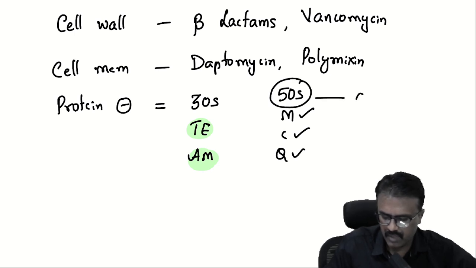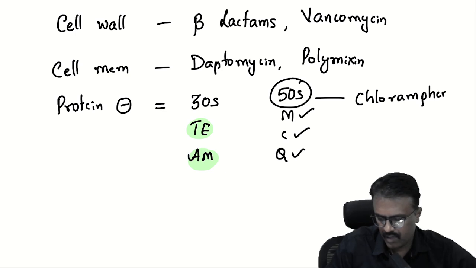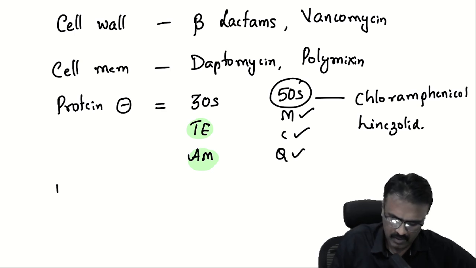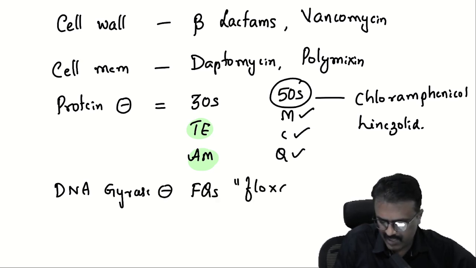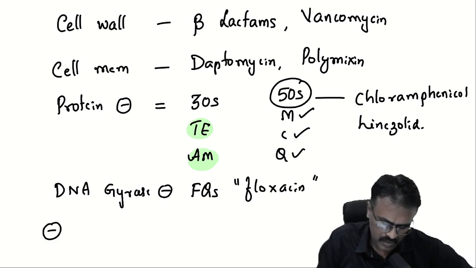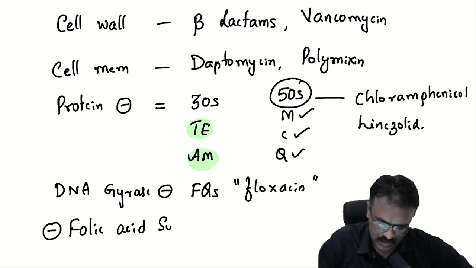Other drugs which bind to 50S are chloramphenicol, and a drug used in tuberculosis called linezolid. Then the ones which inhibit DNA gyrase are called fluoroquinolones. How do they end? Floxacin. And then we have drugs which inhibit folic acid synthesis, and the name is sulfonamides.